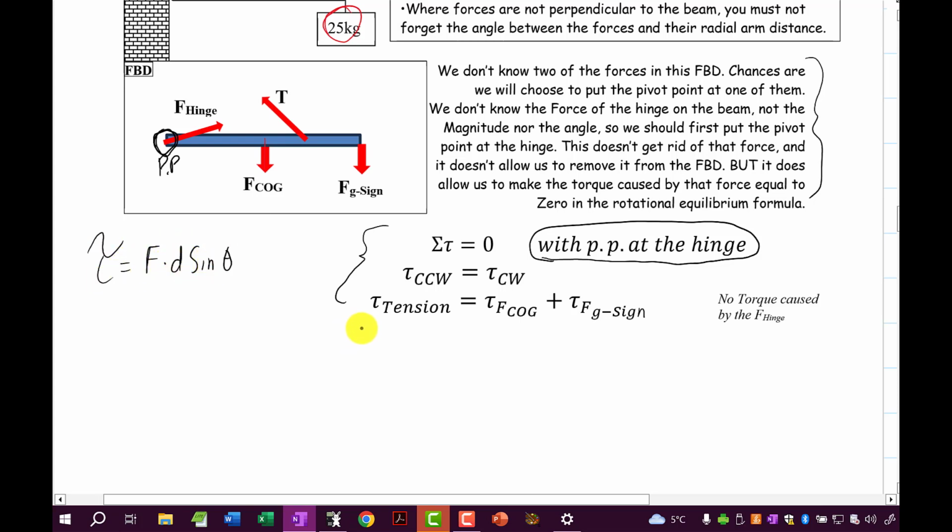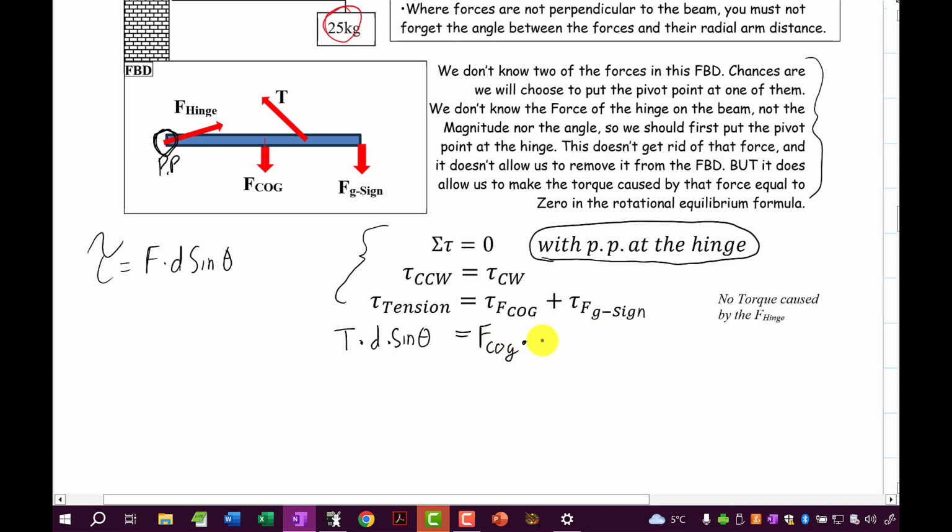So this is going to be tension times the distance times the sine of theta, and that equals the force of gravity of the center of gravity.